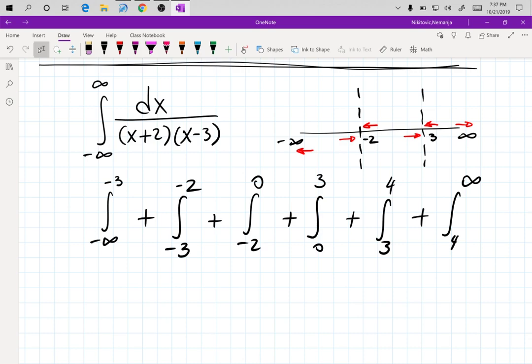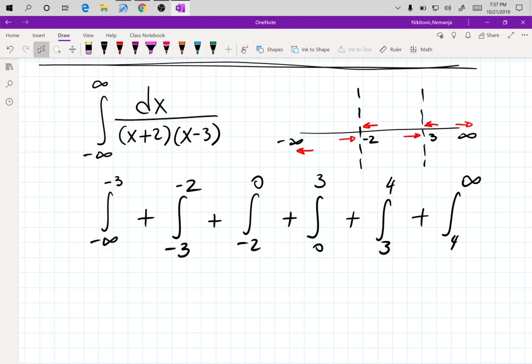So by the way, guys, if you are confused with this from the left and from the right, if this is minus 1 and 0, and you are approaching 0, you are approaching from the left into an interval from minus 1 to 0, so that's why 0 minus. 0 minus means from the left. For the other one, it's going to be 0 to 1, and you are approaching from the right.